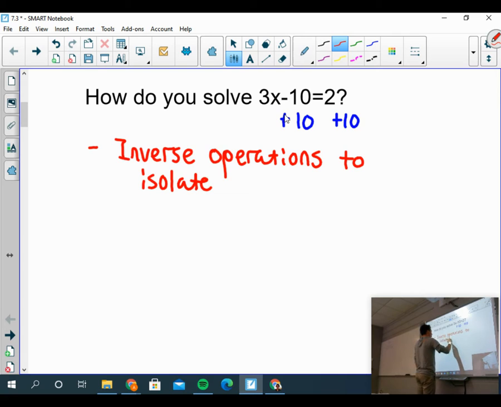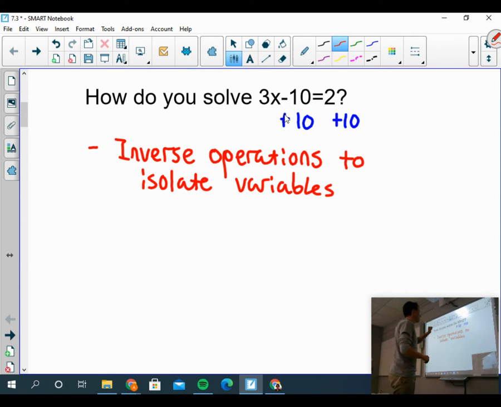What I'm doing here is, when I see a minus 10, I'm going to add 10, because when I have minus 10 plus 10, that equates to 0, leaving me with just 3x on the left side. I am doing an inverse operation. I am doing the opposite of subtracting 10 by adding 10 in order to help isolate the variable, because this effectively cancels out the minus 10 when I introduce the plus 10.